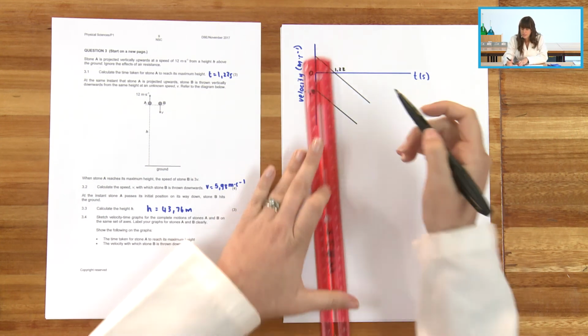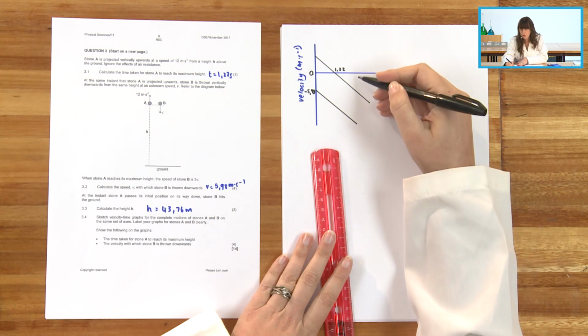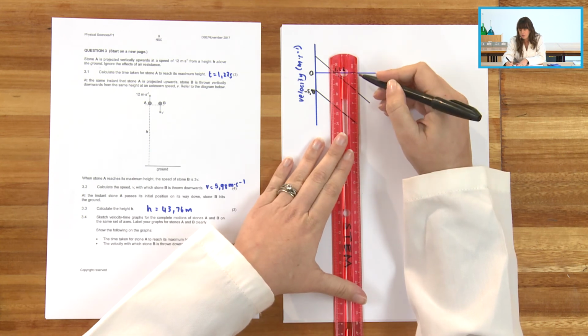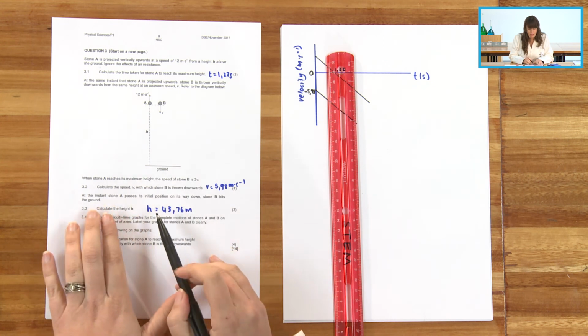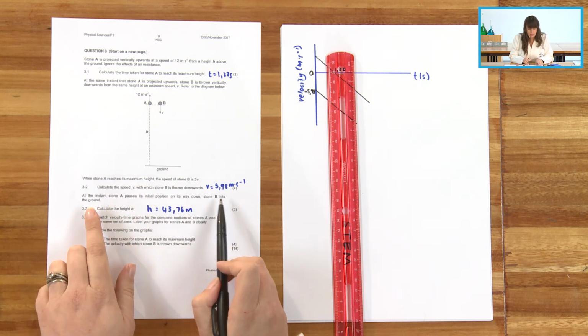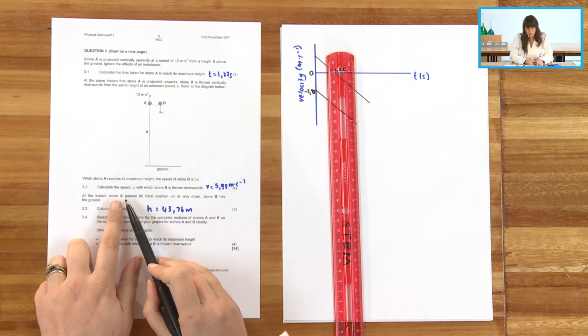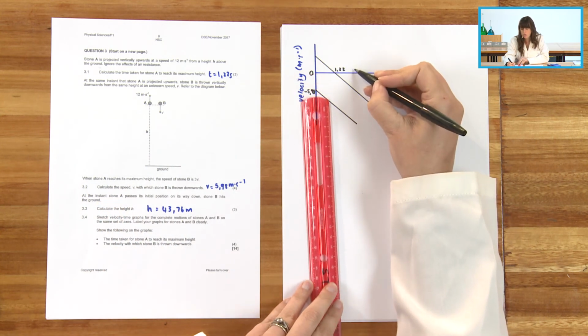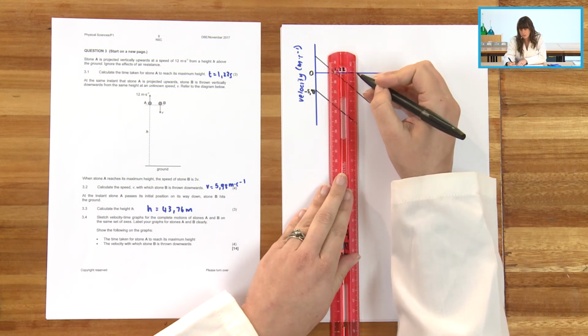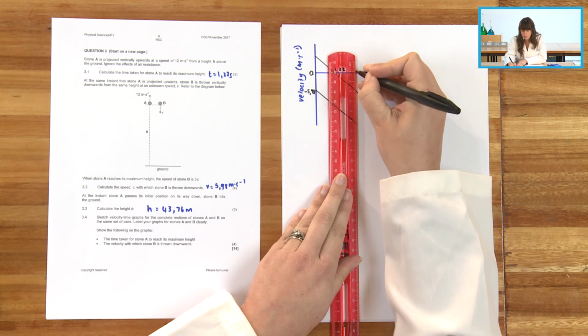So you can also see that where I've finished graph B, I have finished it earlier than graph A because, if you remember from last time, stone B hits the ground when stone A passes its initial position. So it hits the ground at 2,44 seconds, so it's about over there. We can put it in.